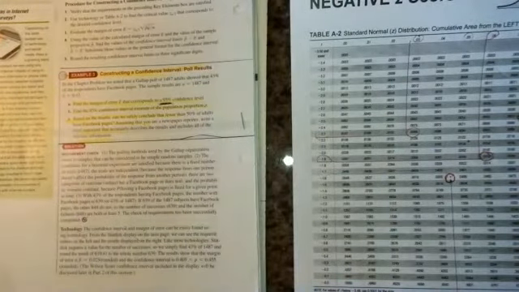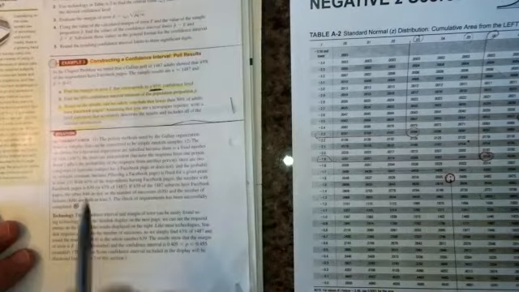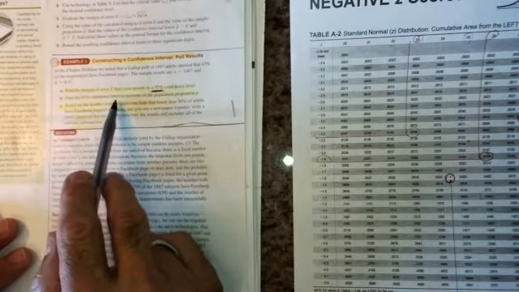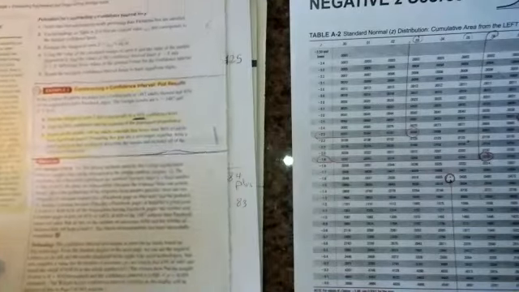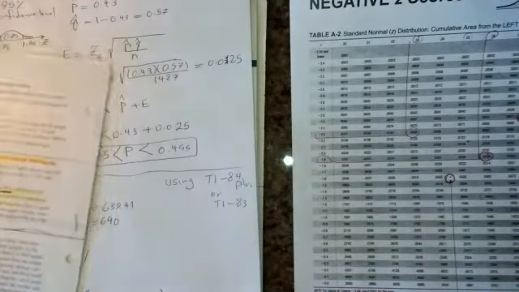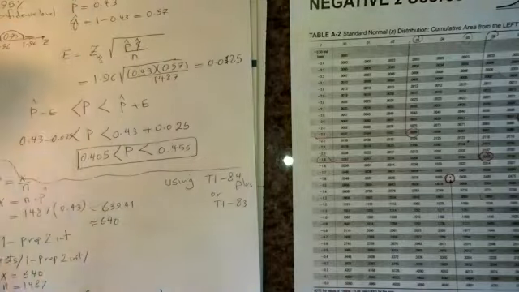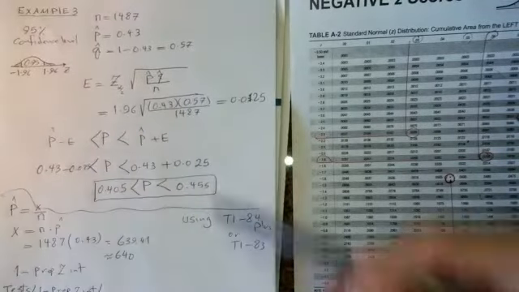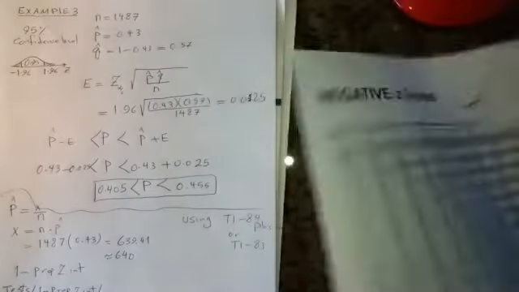Now here, we want to go over these examples. Find the margin of error E that corresponds to a 95% confidence level. So what they have in this problem is this. They give you, we know the n value.